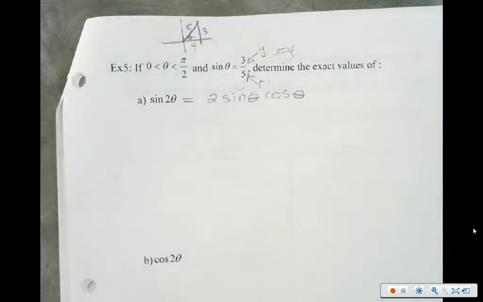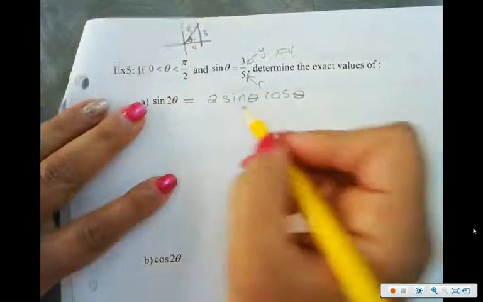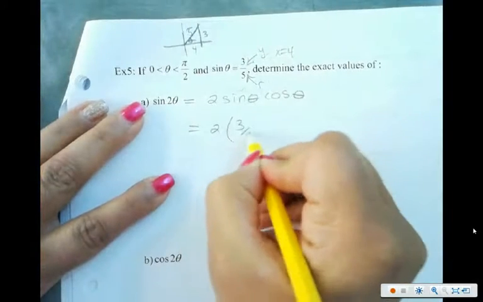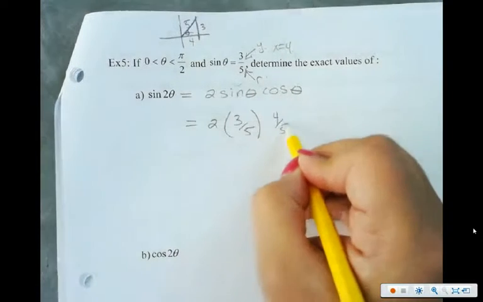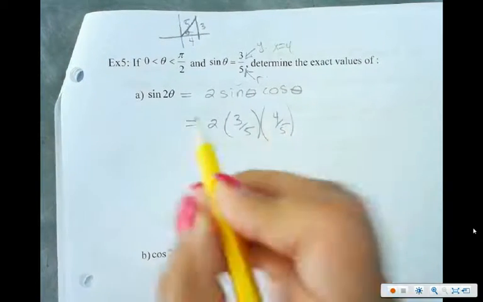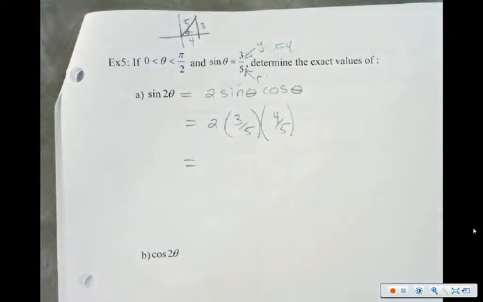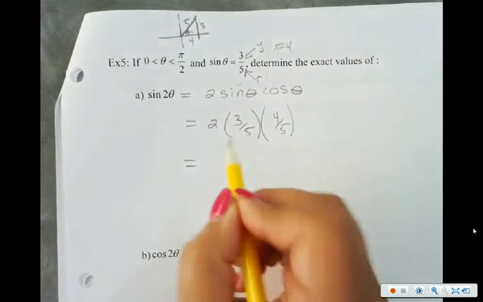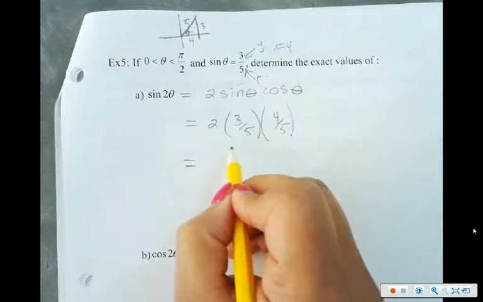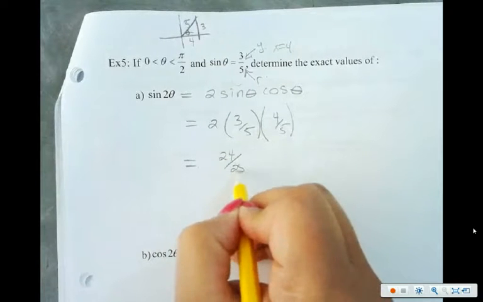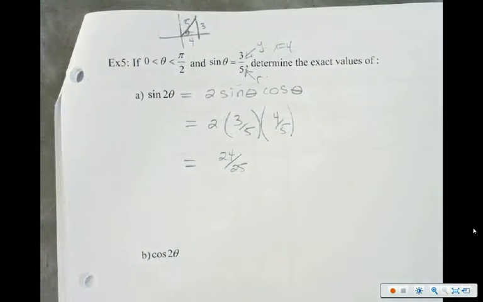Do we have sine theta already? Yeah? Okay, 2 and then 3 over 5. And then how do we know what cos theta is? Why is cos theta 4 over 5? Okay, and then what? Multiply. So we get 24 over 25. That's it? Yes. Okay, next question.